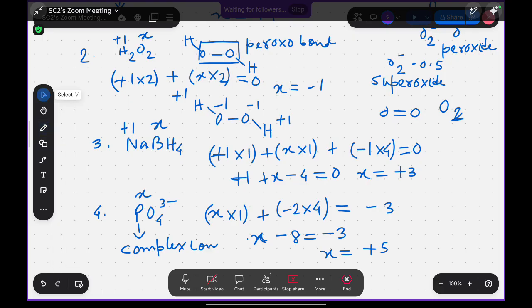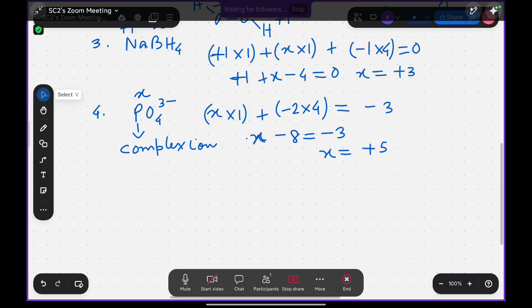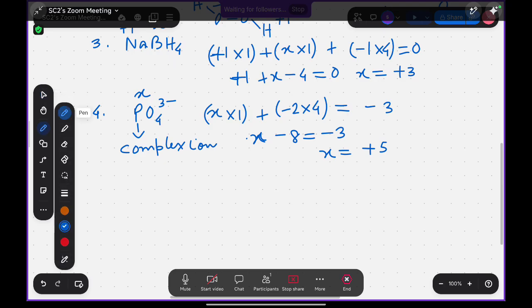Now the question is, how is it possible? Whenever you are asked to calculate the oxidation state of one element in a heteroatomic molecule, always remember that the element which is more electronegative will carry a negative oxidation state and the element which is less electronegative will bear a positive oxidation state.